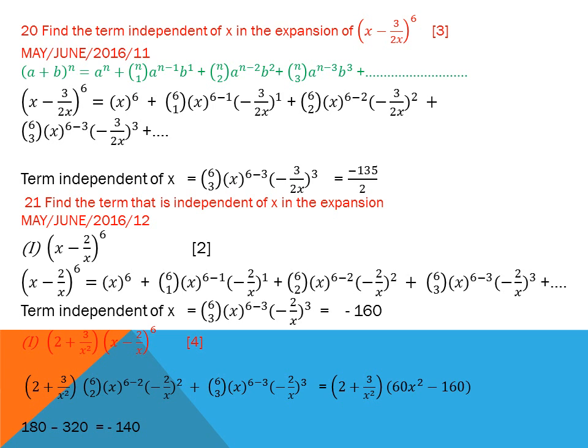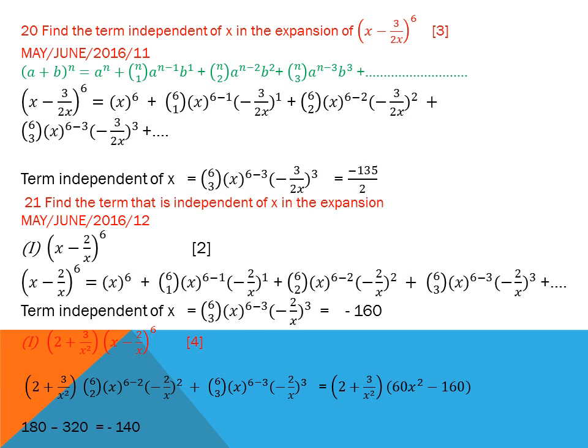So term number 4 is independent of x because x cube is cancelled out with x cube. We solve only that term, 6C3 x power 6 minus 3, minus 3 over 2x cube, 6C3 and then 3 power 3, 27 over 8. When I simplify this, I will find that minus 135 by 2 here.